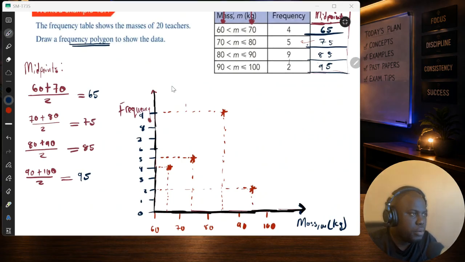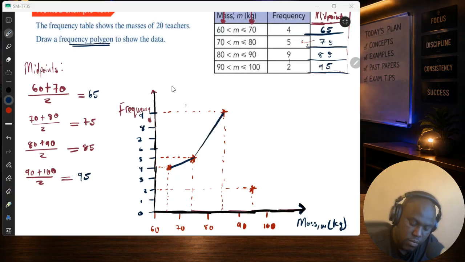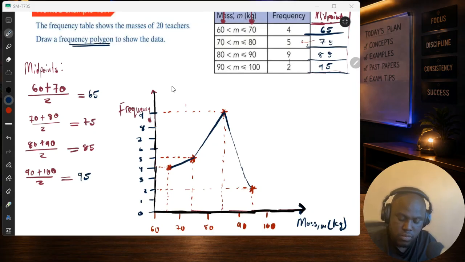You just join the points with straight lines and you have your frequency polygon. So here is your frequency polygon, and you're done. This is the frequency polygon for this data.